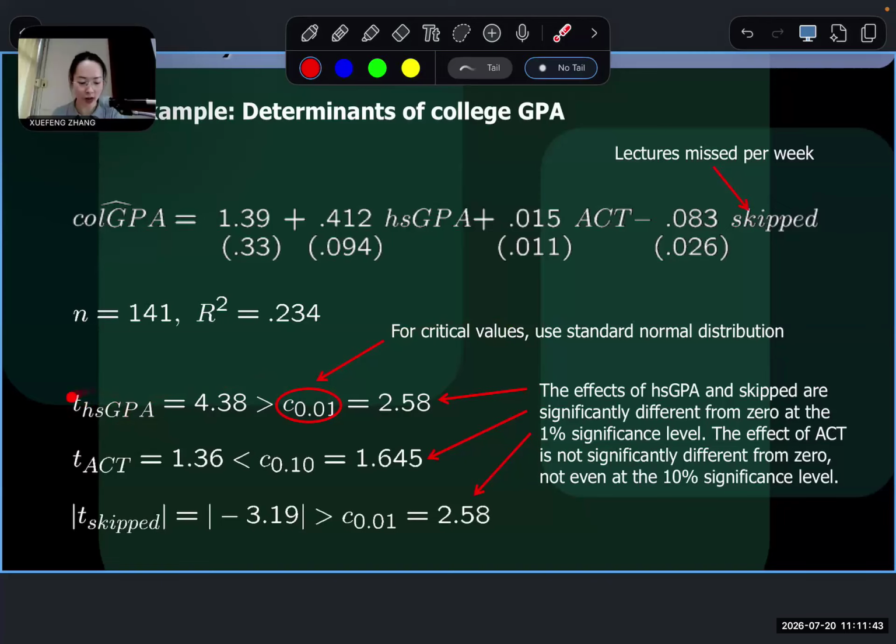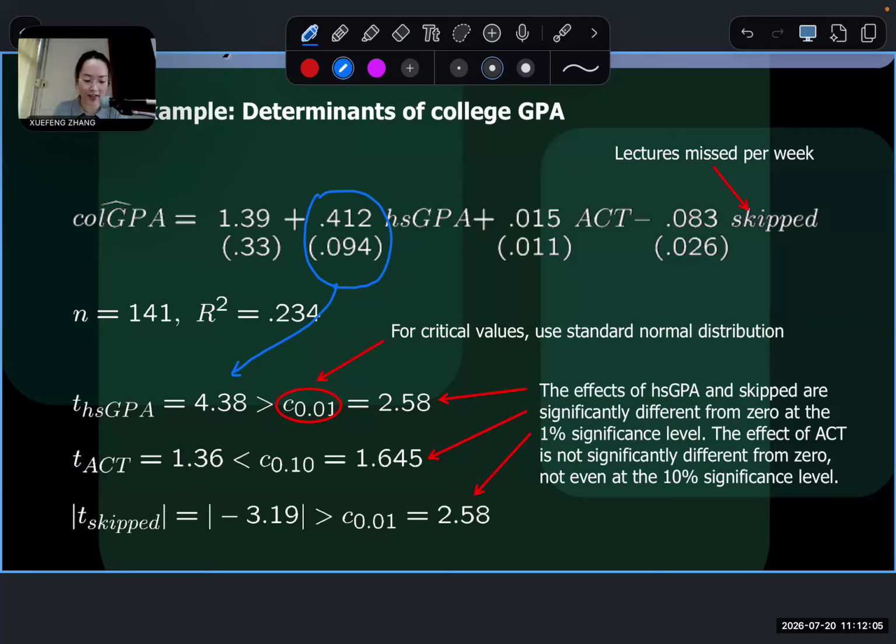The first one, what is the t statistic of HS GPA? 4.38. How do we get this? Can you tell me how we get 4.38? You need to use the coefficient divided by its standard error.